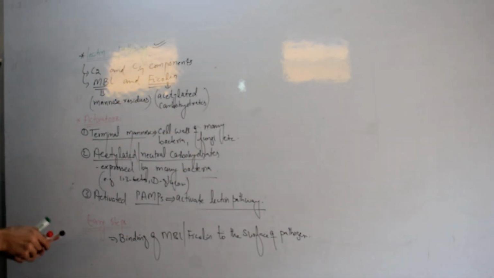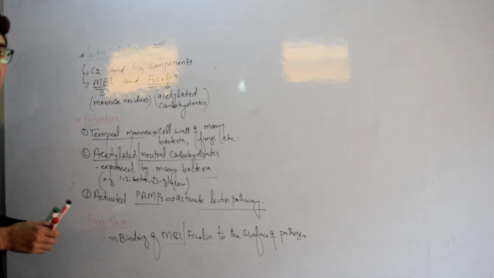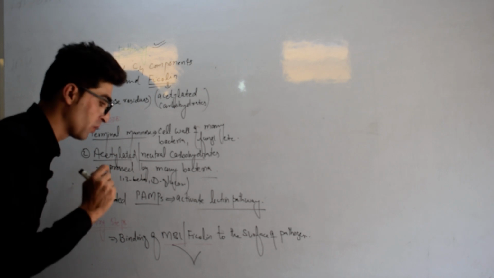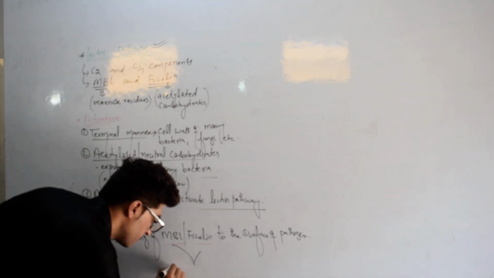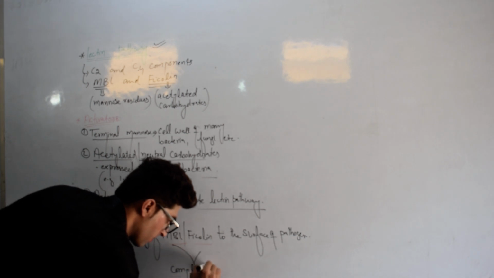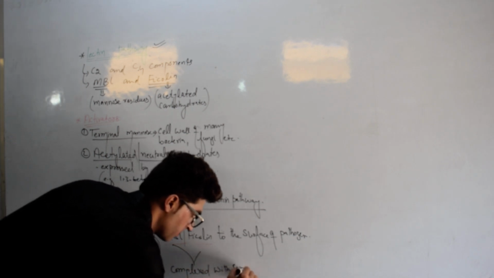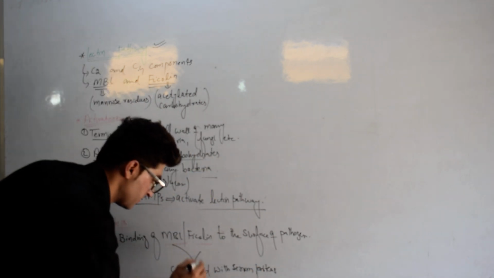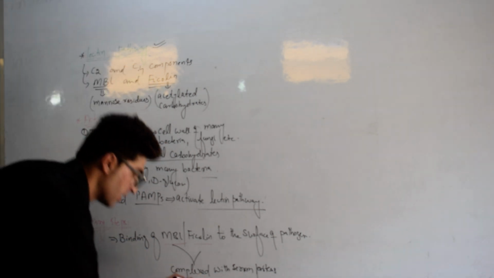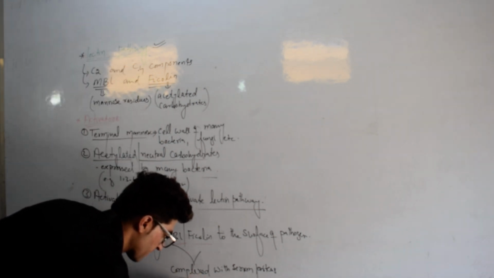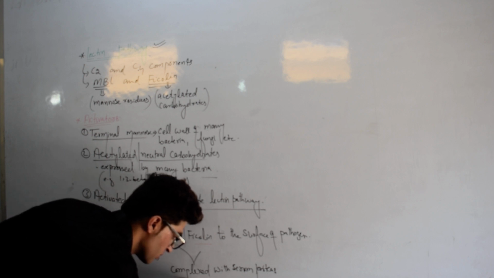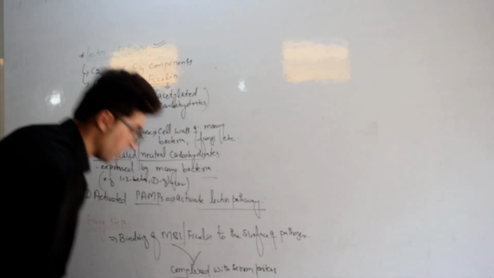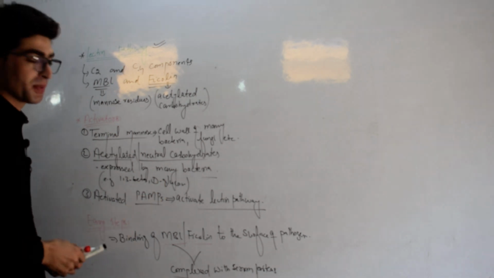Now remember that these MBL and ficolin molecules are found in complex form with serum protease in blood, and these complexes are called mannose associated serum protease, MASP. So these MASPs are going to attach to the surface of the pathogen.